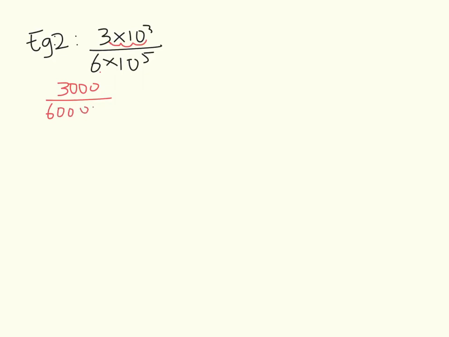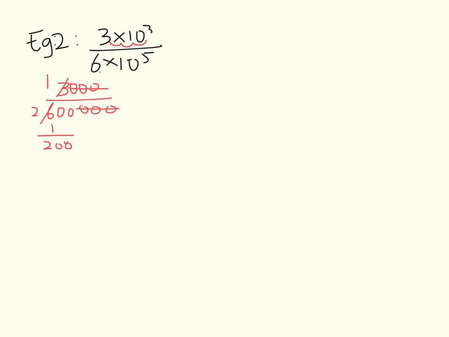600,000. So if you want to simplify this fraction, you can see that I can divide both the numerator and denominator by 1,000. So I end up with 3 over 600, and also 3 and 6 are both divisible by 3, so I end up with 1 and 2 in the denominator, so that's 1 over 200.